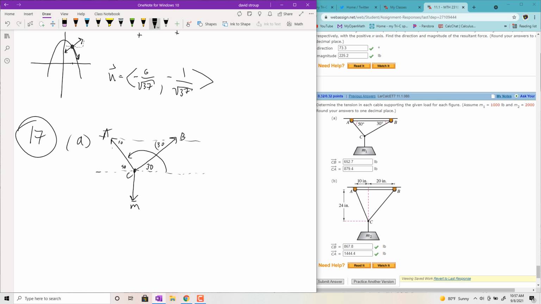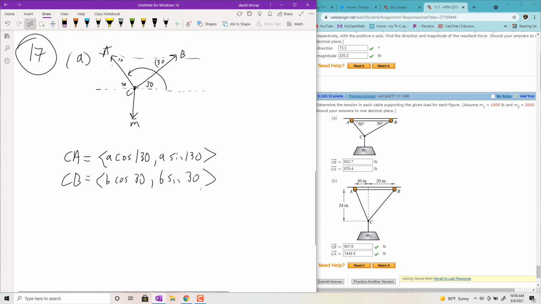That will give me that angle, and I'll be able to describe this vector CA as some constant A times cosine of 180 minus 50, which is 130, comma A sine of 130. And then CB is some constant B times the cosine of 30, and then B sine of 30.